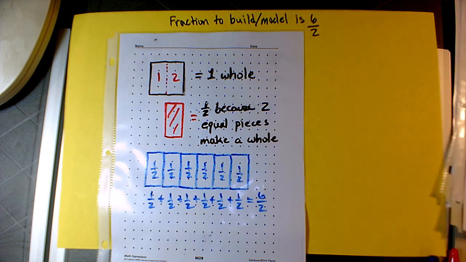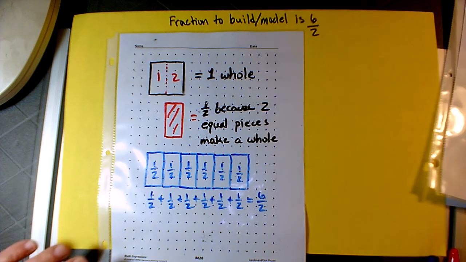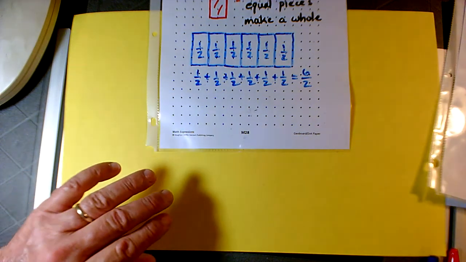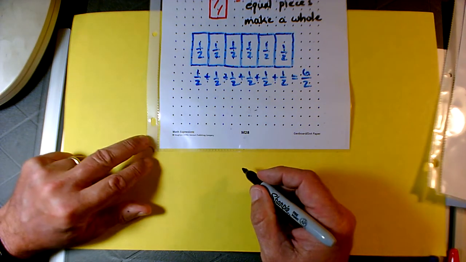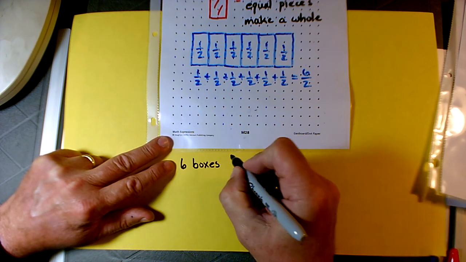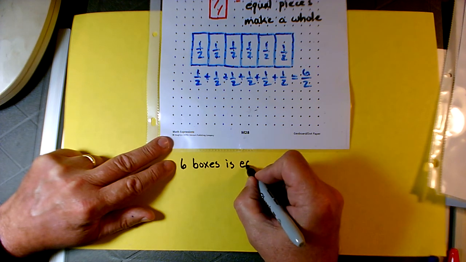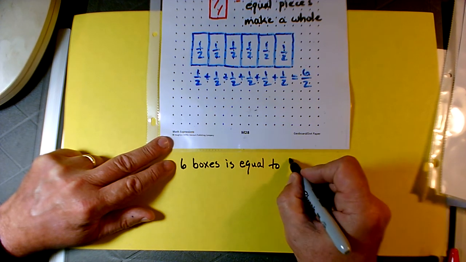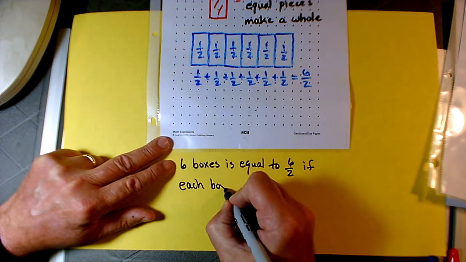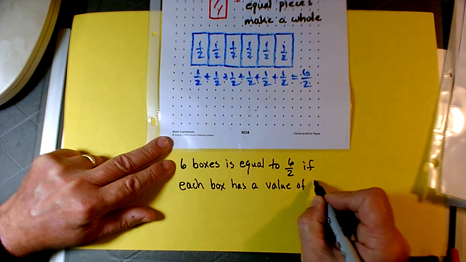Okay, the last step is to write a justification sentence to explain your reasoning for why your picture matches the fraction you rolled. And so my justification sentence might be something like this. 6 boxes is equal to 6/2 if each box has a value of 1/2.